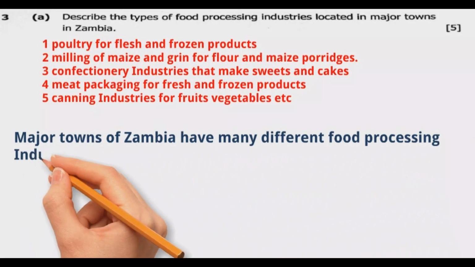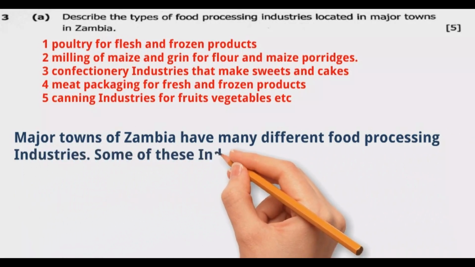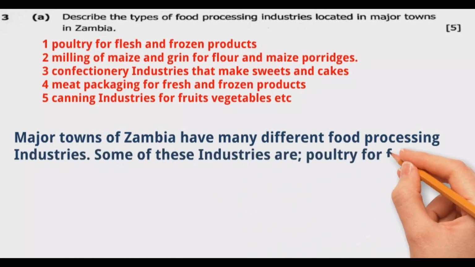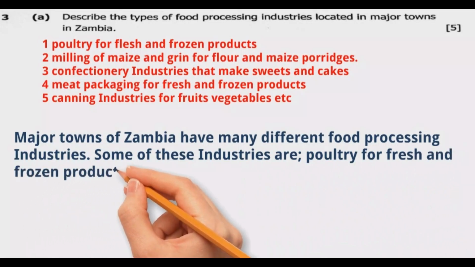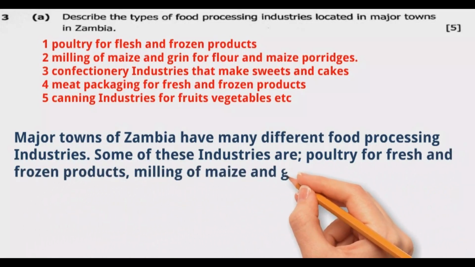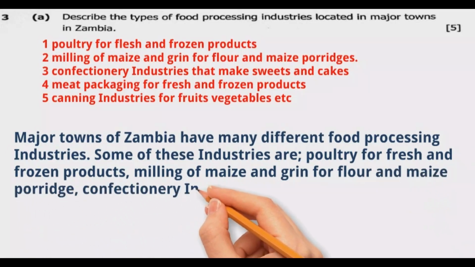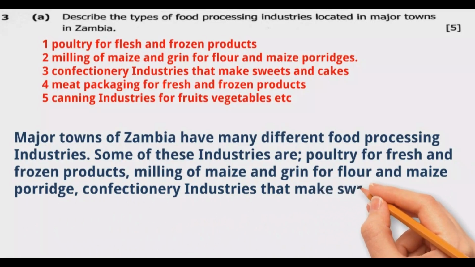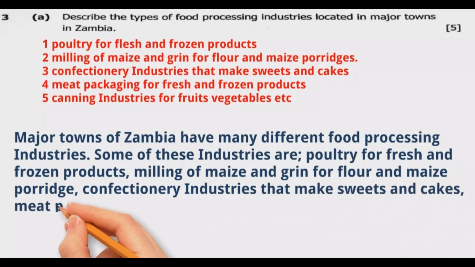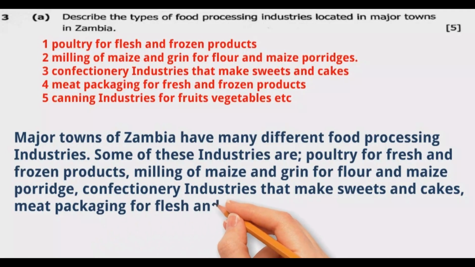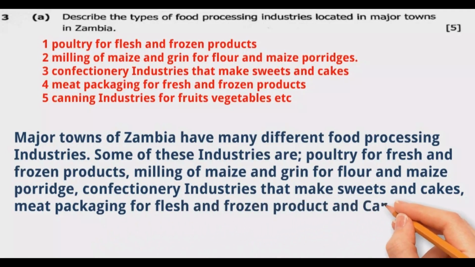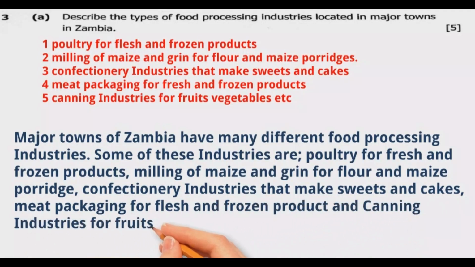Some of these industries are poultry for fresh and frozen products, milling of maize and grind for flour and maize porridge, confectionery industries that make sweets and cakes, meat packaging for fresh and frozen products, and canning industry for fruits, vegetables, etc. So that's how our short essay will be like. Okay, we go to next question.